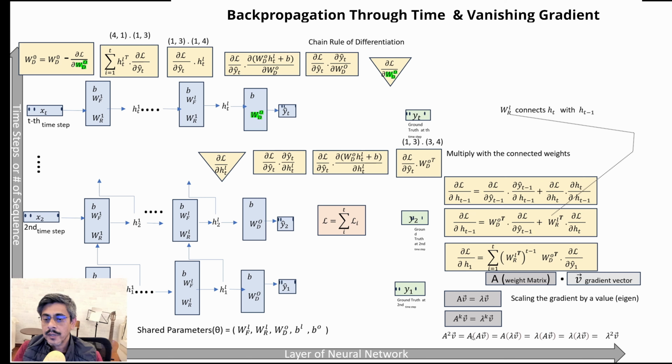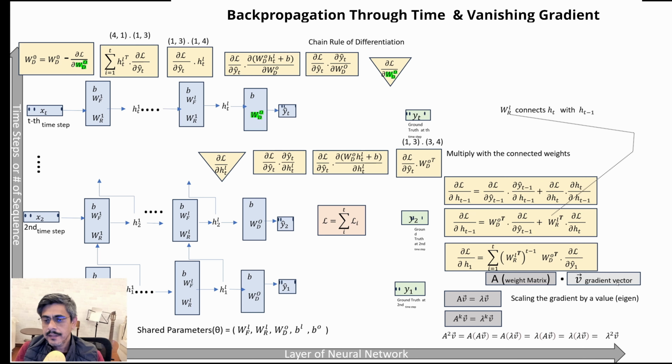A square can be written like this, and then AV can be replaced by lambda V. Since lambda is a scalar, it can be taken out of this product by the associative law. Again replace AV by lambda V, and then these two lambdas combine to lambda square, giving you this final formula. This formula holds for any value of k.